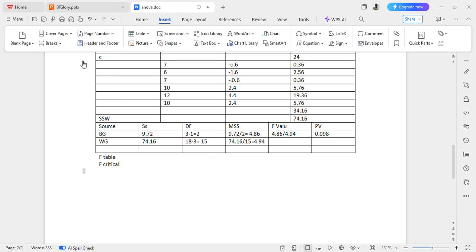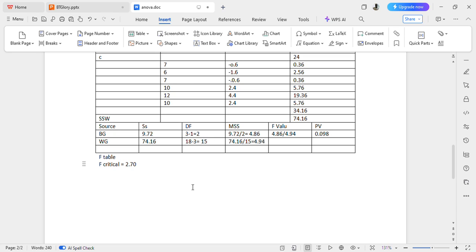So we have degree of freedom 1 is 2, degree of freedom 2 is 15, so 2.70. So we are getting the F critical is 2.70.